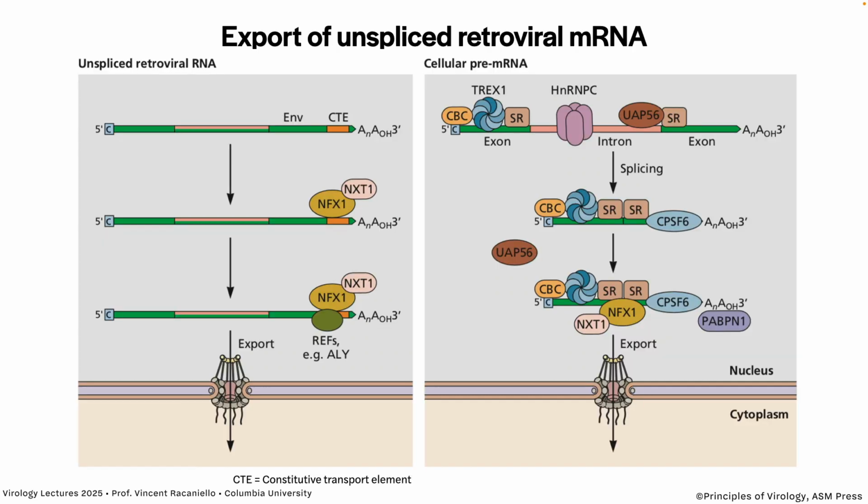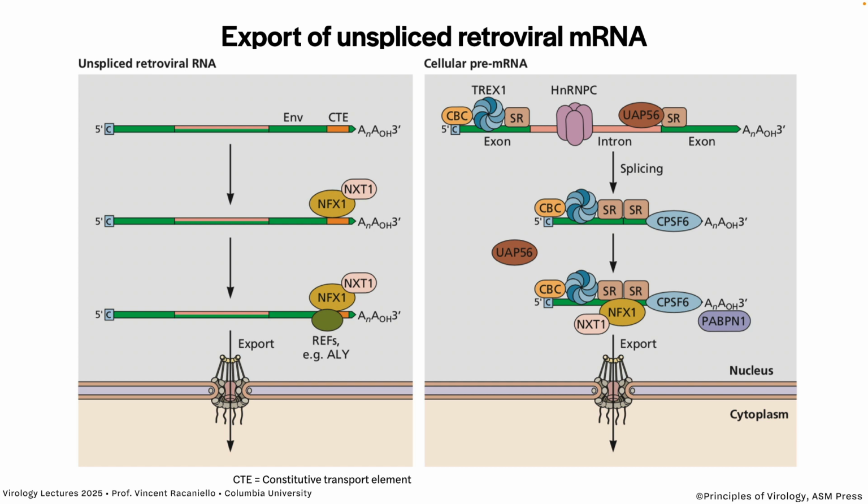However, there are examples of viral RNAs where the RNA has to get out unspliced. So retroviruses, for example, integrate their DNA into the nucleus, and then they make mRNAs. Some of them are spliced to make proteins, and they get out of the nucleus no problem.